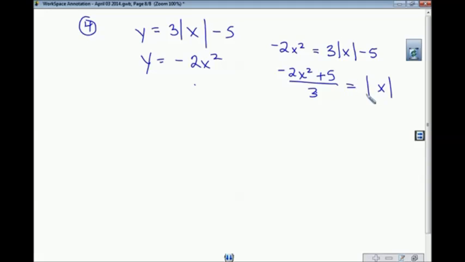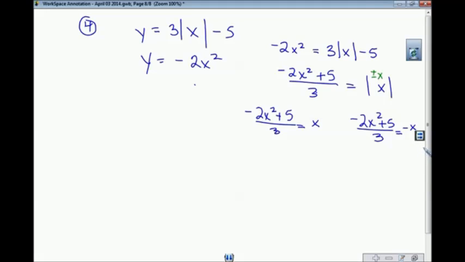Okay. Now, if x were positive or negative, wouldn't this become positive? Yes. So what I would do is I would set this equal to the positive, or this could equal the negative.